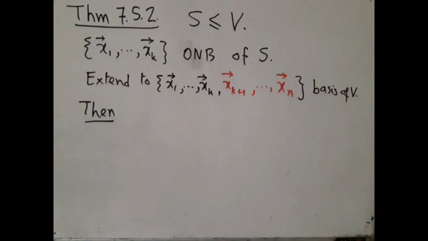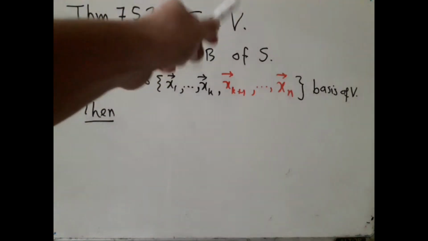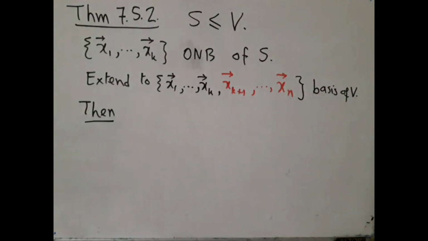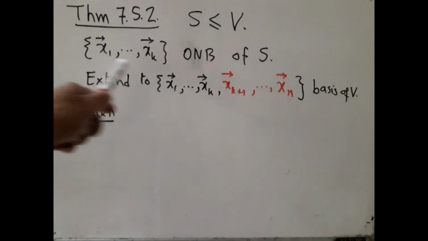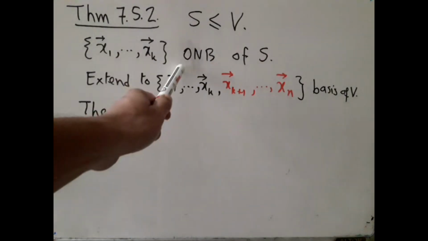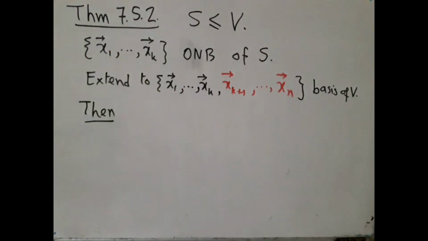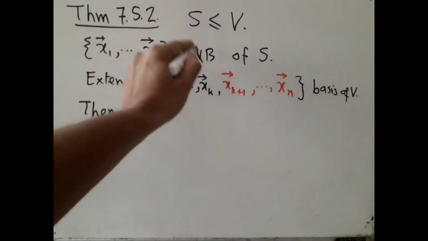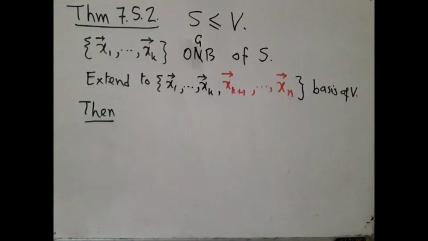Theorem 7.5.2 gives us a way to construct an orthogonal complement. You start with some subspace S of V. Now, you start with any orthonormal basis of S. In fact, this theorem is perfectly valid even if you work with just an orthogonal basis. It is not very important that all these vectors must have unit norm.